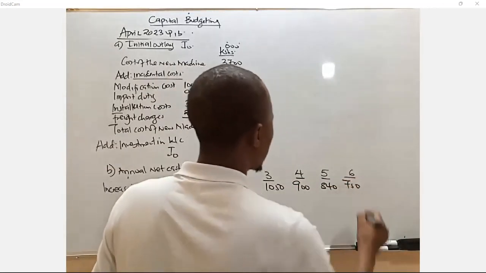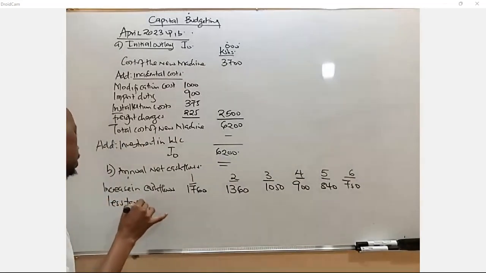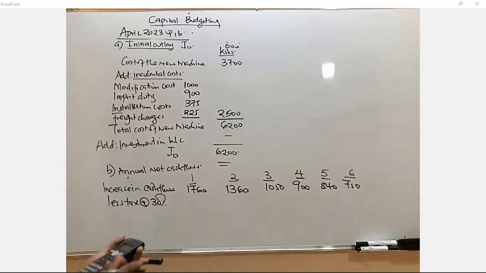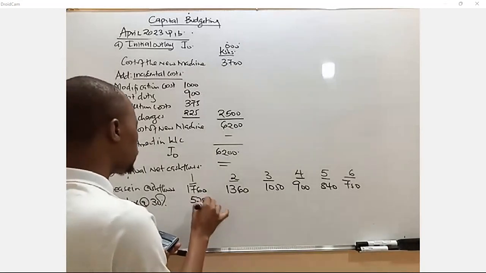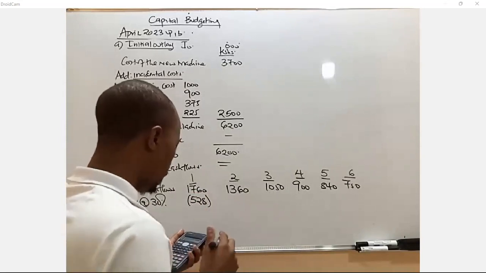I always like to use the shortest formula as possible. So in this case, I just want to deduct my taxes here. Less tax at the rate of 30%, unless otherwise stated. So 0.3 times 1760, we are getting 528. 1360 times 0.3, we have 408.